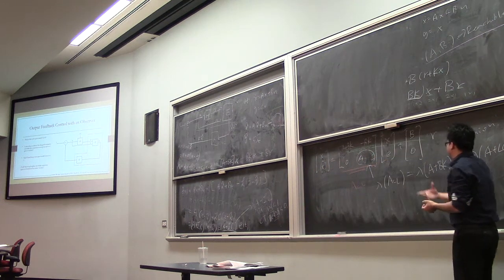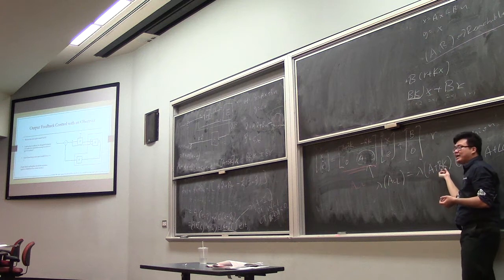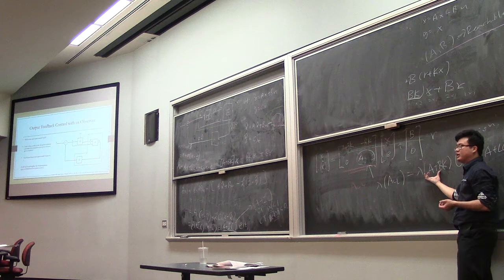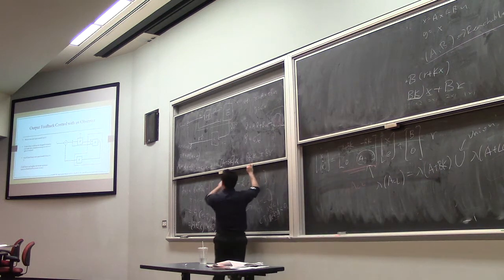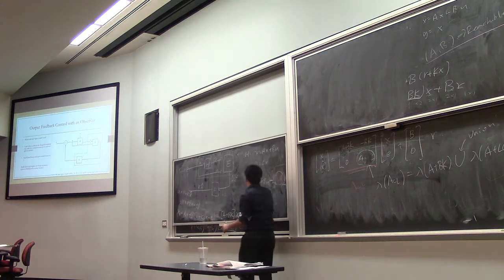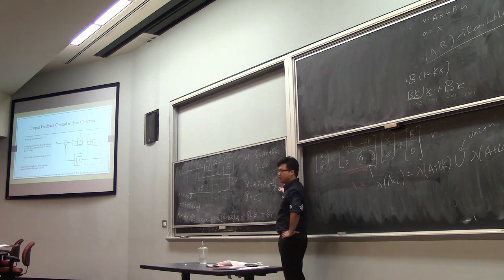The second thing is you also need to design your K control again to make the eigenvalues go anywhere you want, as you designed before. It's okay? So that's the whole story for output feedback control with observer. The first thing is you should know the formula here.